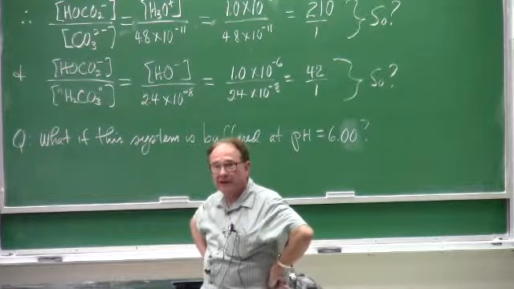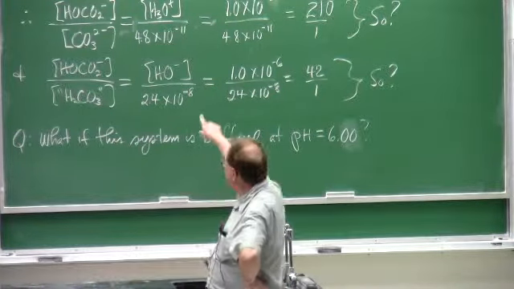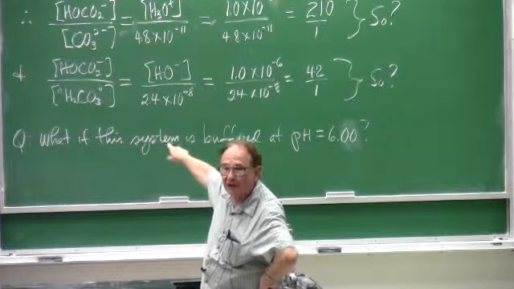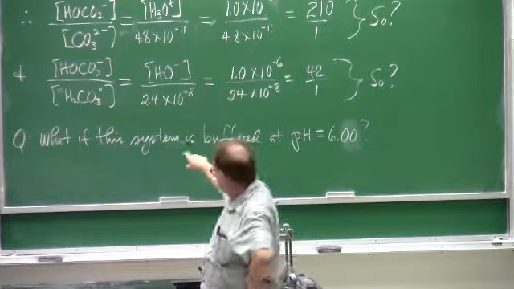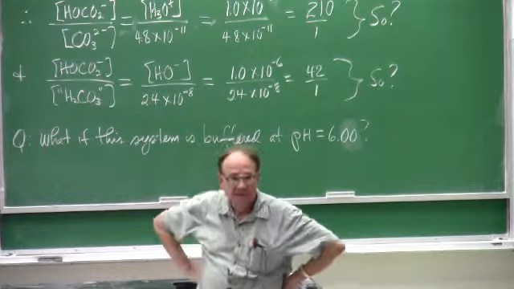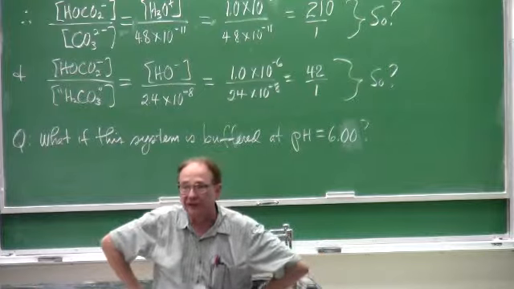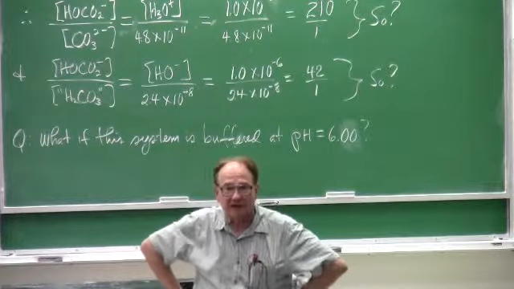Or put another way, on average you'd have to look at 211 ions before you saw a carbonate ion. Second case, for every H2CO3 molecule you'd see in there, you'd see 42 bicarb ions.